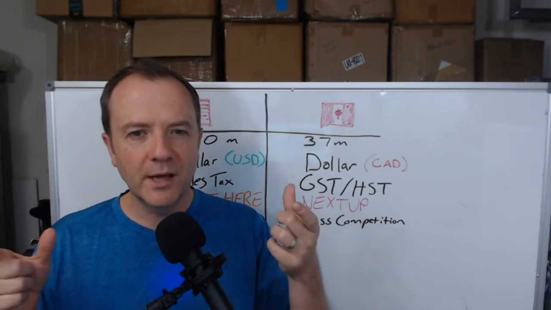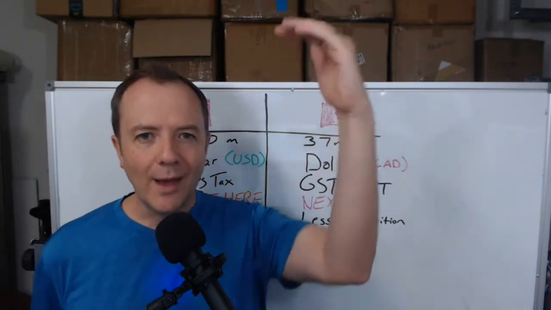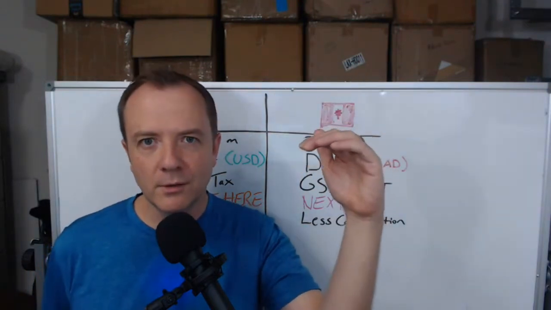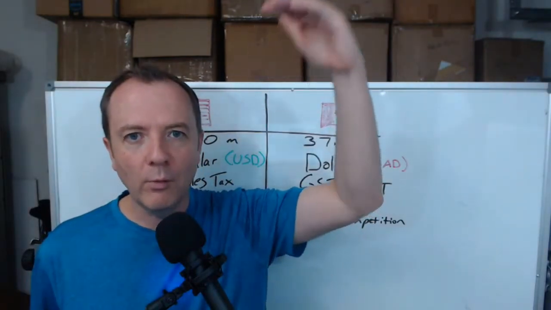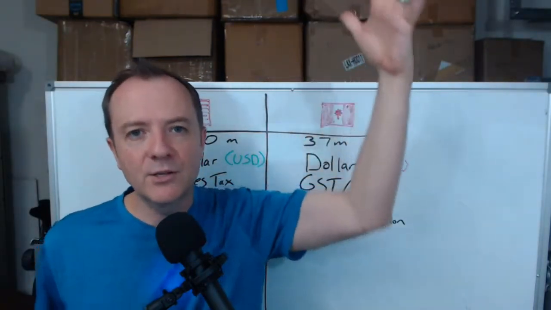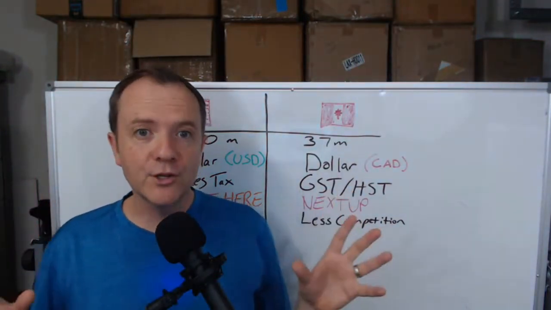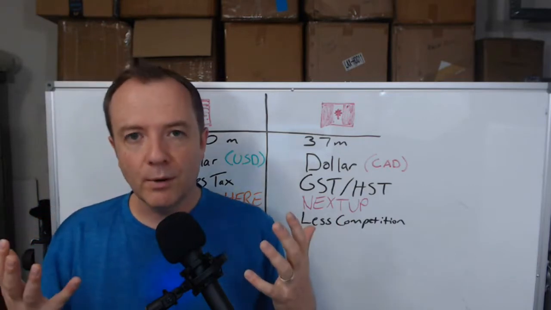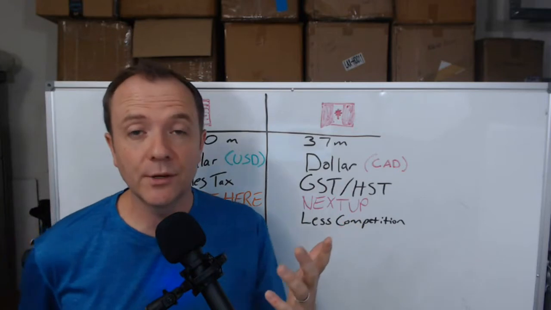What might sound a little counterintuitive, if you're bringing Canadian dollars into the US, you actually want that number to be smaller. So you want it closer to 1 than going up to 1.4, 1.5, 1.7. That means you would need more Canadian dollars to get a US dollar. So there is a conversion that you have to keep in mind, and they are different currencies. So when you're pricing products, you have to factor in the currency conversion.